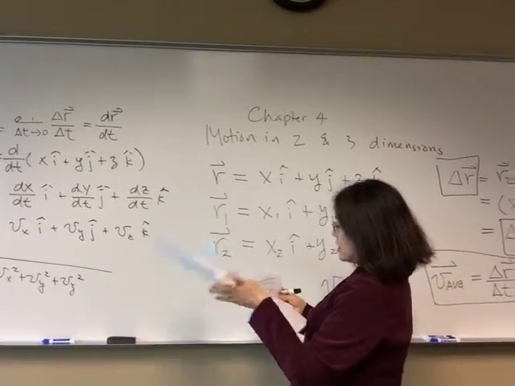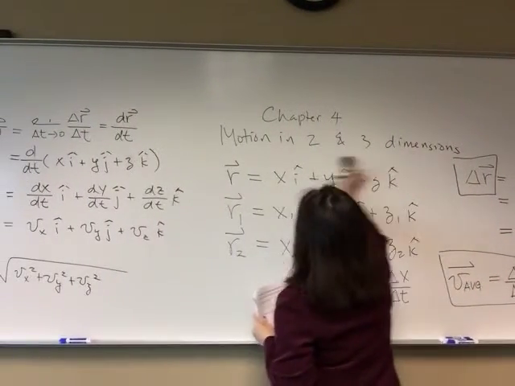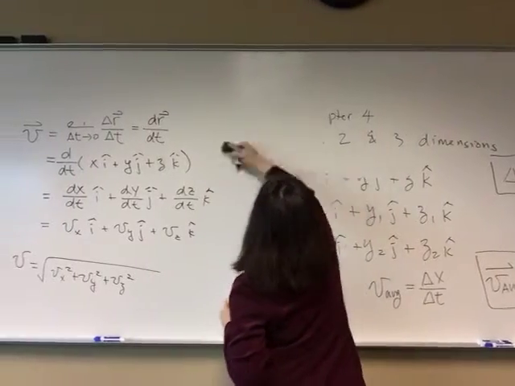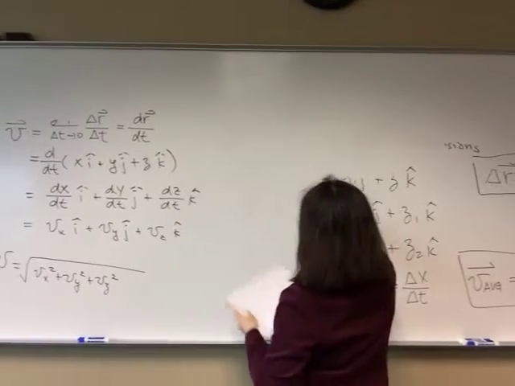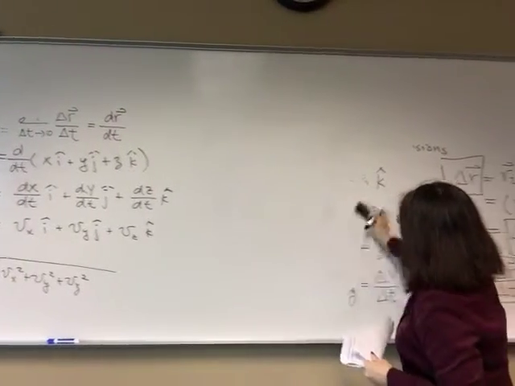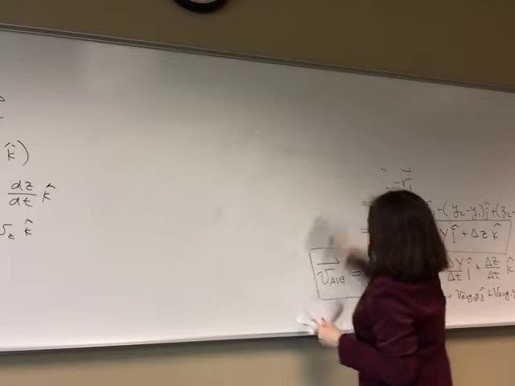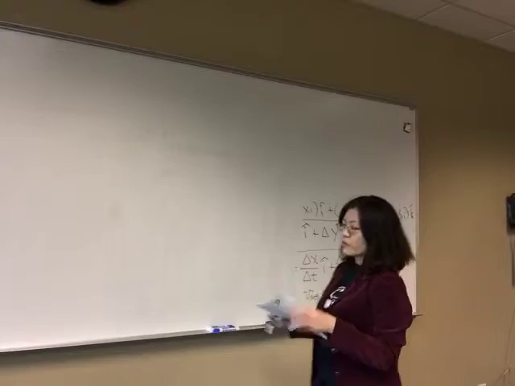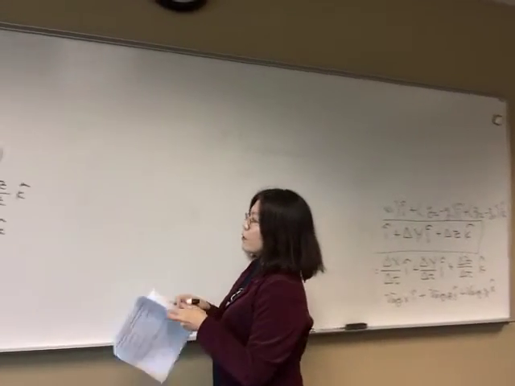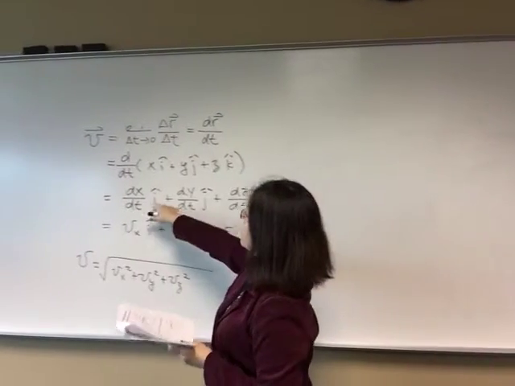For acceleration, now also, let me just draw here. The other thing is that, let's say on the xy plane, let me just erase this. So the velocity is basically dx dt.